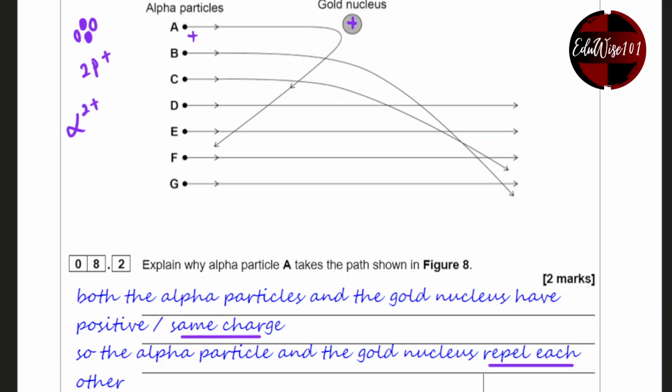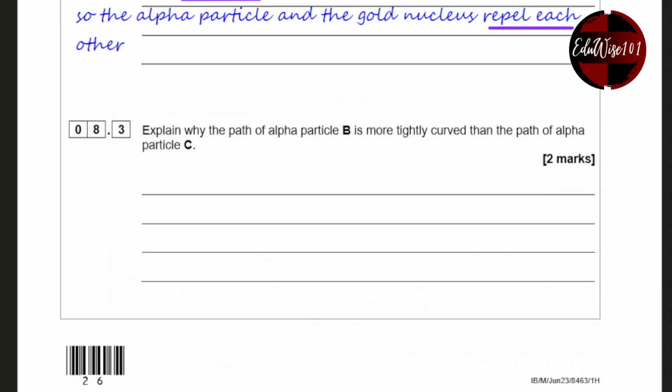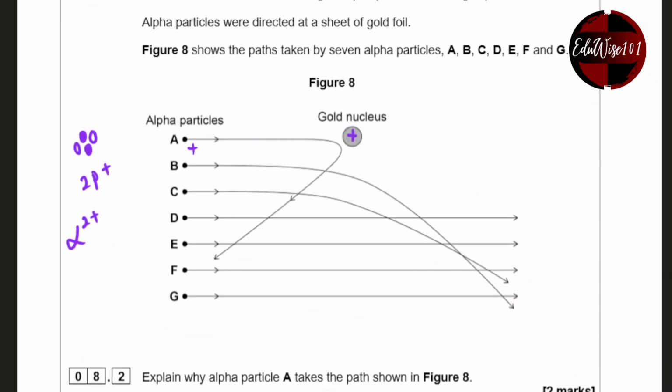Question 8.3. Explain why the path of alpha particle B is more curved than the path of alpha particle C. Now, if you look at the diagram again, B is much closer to the gold nucleus than C. As you go further away from the nucleus, the repulsion from the gold nucleus decreases.